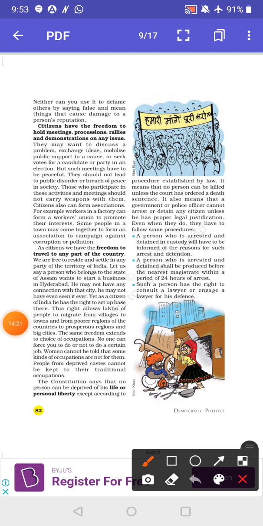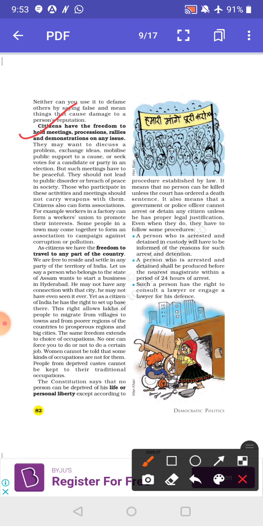Now the next is the freedom that is given to citizens to hold meetings, processions, rallies and demonstrations on any issue.